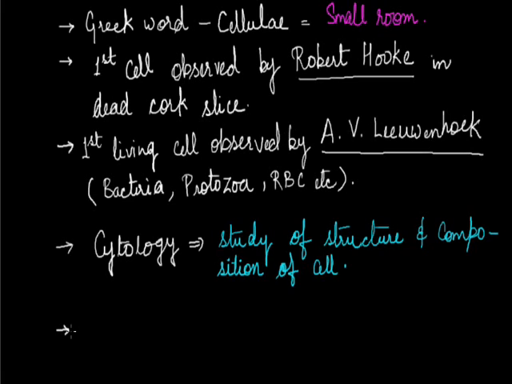The second branch of science is cell biology. This branch is mainly concerned with the study of the functional aspects of the cell, meaning that it deals with the study of the functions of a cell.